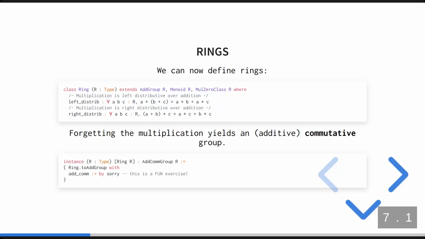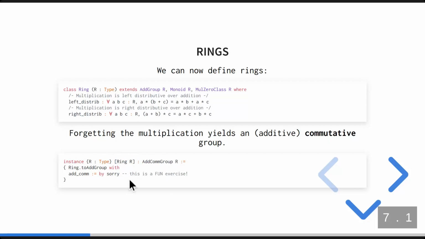So that's fine. That's a ring, and for instance here this is how you would prove that a ring gives rise to a commutative group, if you forget the multiplication. That's a fun exercise.